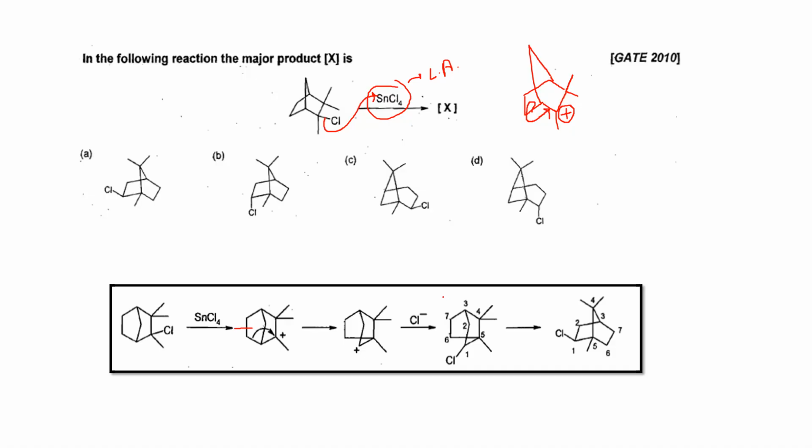After that, the Cl minus will again attack, giving this as our desired product. So the correct option is option A.